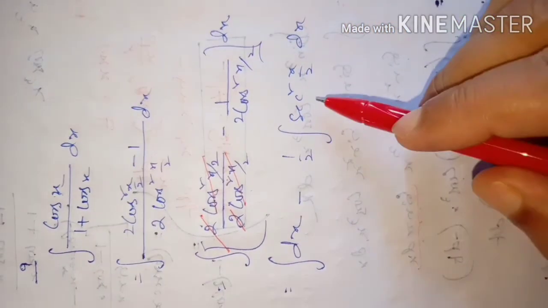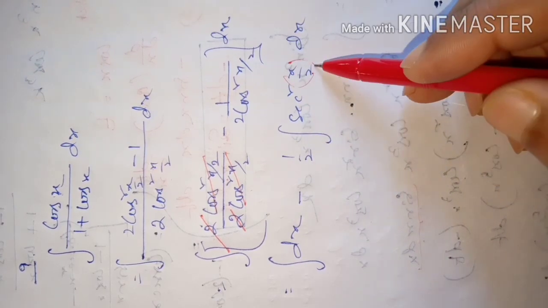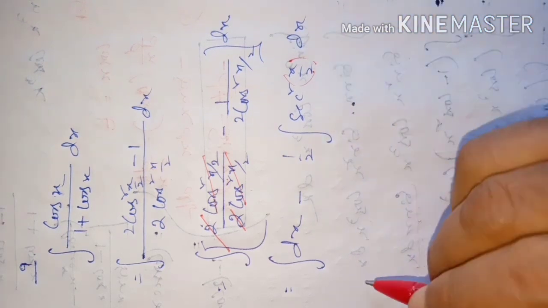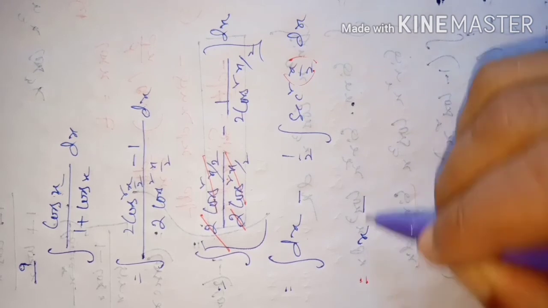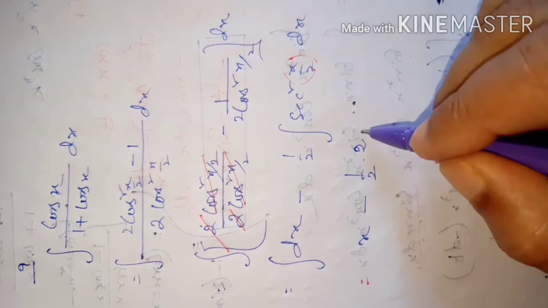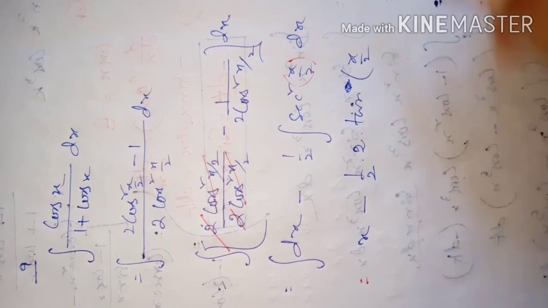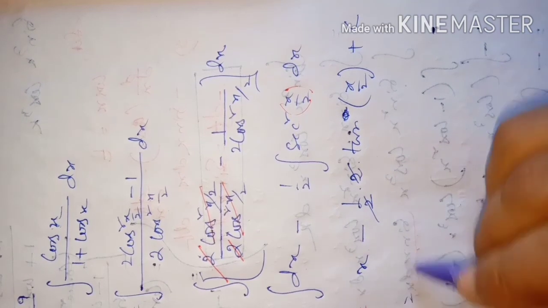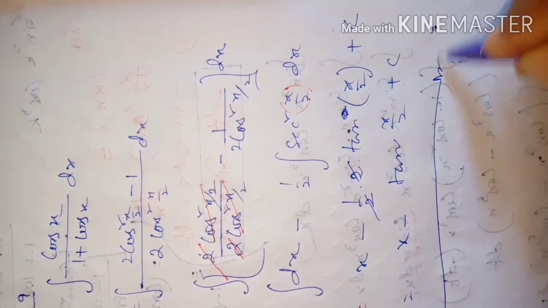Now in question number 8, you have seen that if we consider x by 2 as t, sec square x by 2 dx will be 2 times sec square t dt. So the integration of this is x minus half into 2 times tan t, which is tan x by 2, plus the constant c. So 2 will get cancelled here, and it will be x minus tan x by 2 plus c. This is the final answer. Okay, dear students.